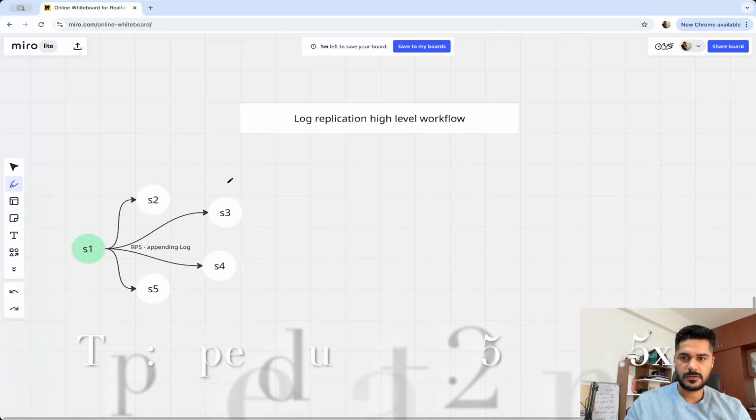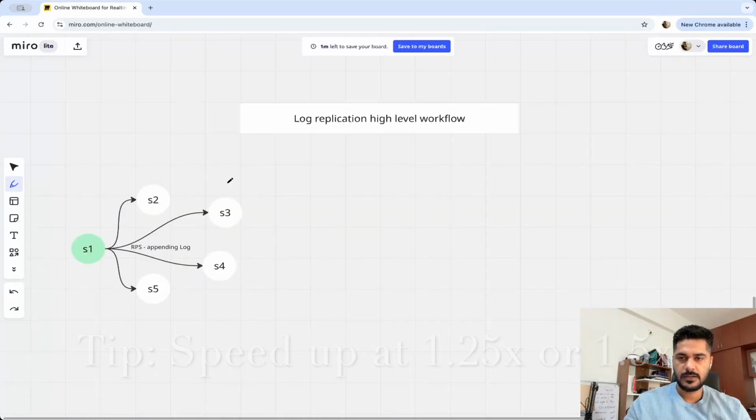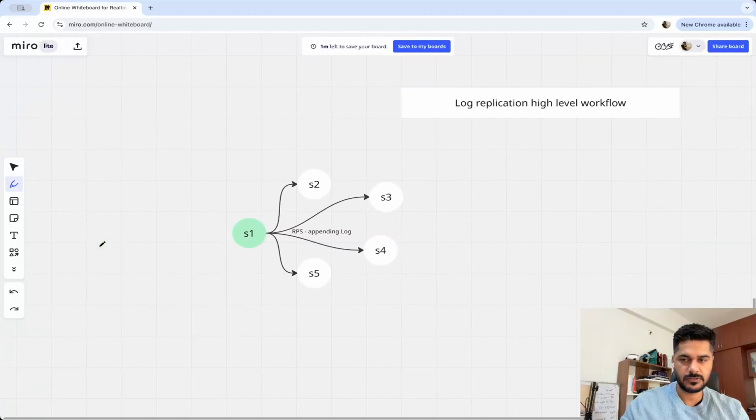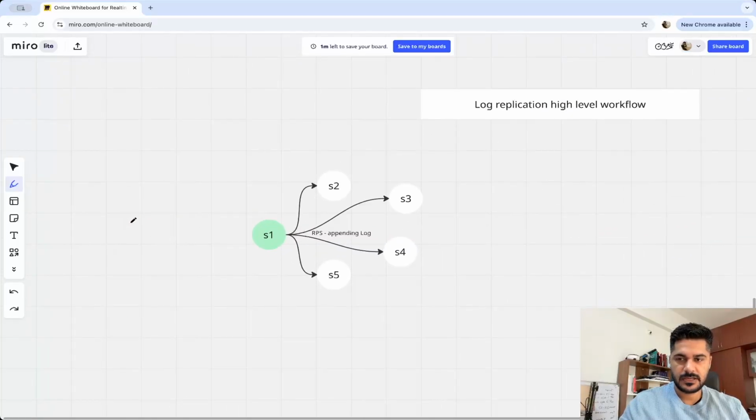Once your leader is elected, it's time to do the real job, which is replication of the logs to all of your nodes. Our main leader is going to make sure it is replicated on all the nodes. Imagine you receive a request from some client.